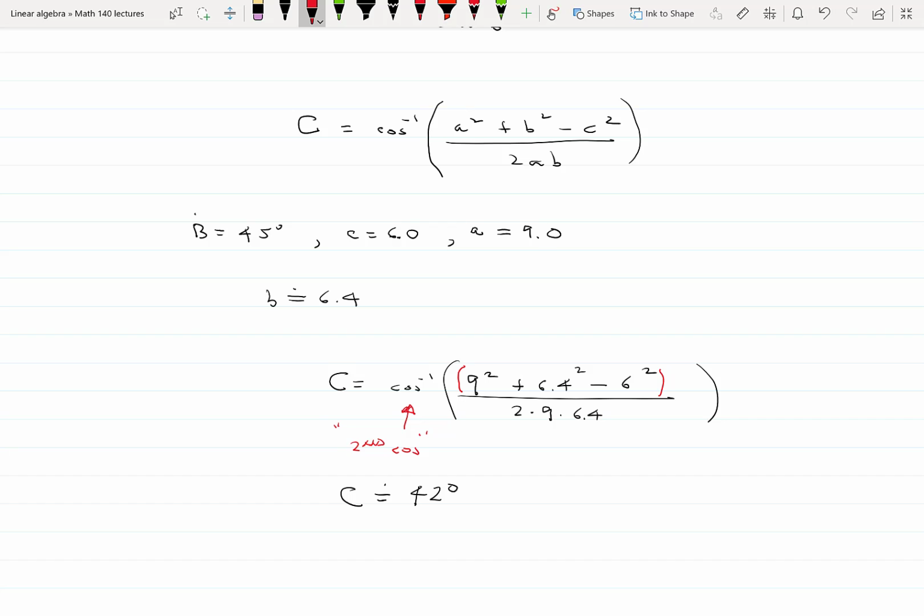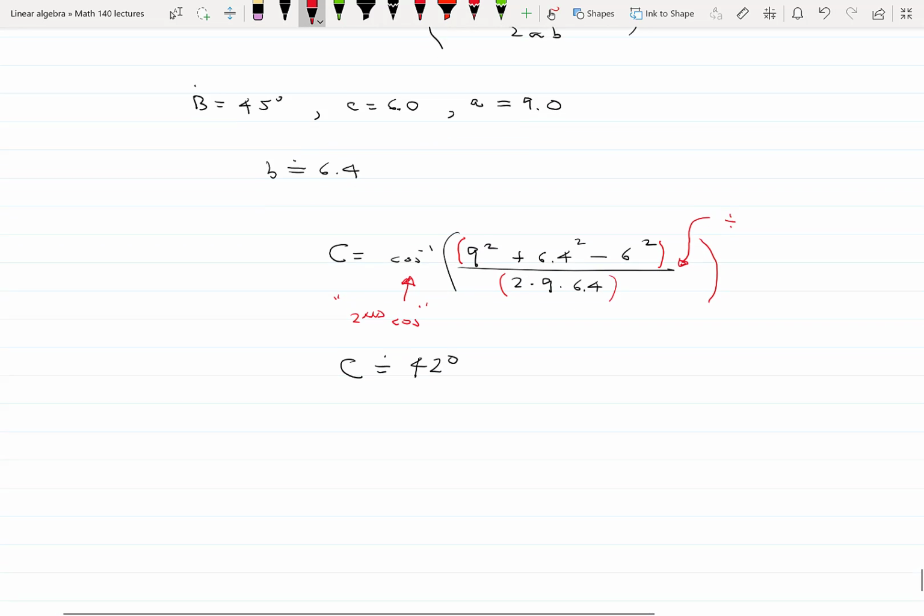You have to close the parentheses for the numerator, then divided by, then open the parentheses for the denominator, close the parentheses for the denominator, and close the parentheses for the inverse cosine. So I'll put this in red and push enter.